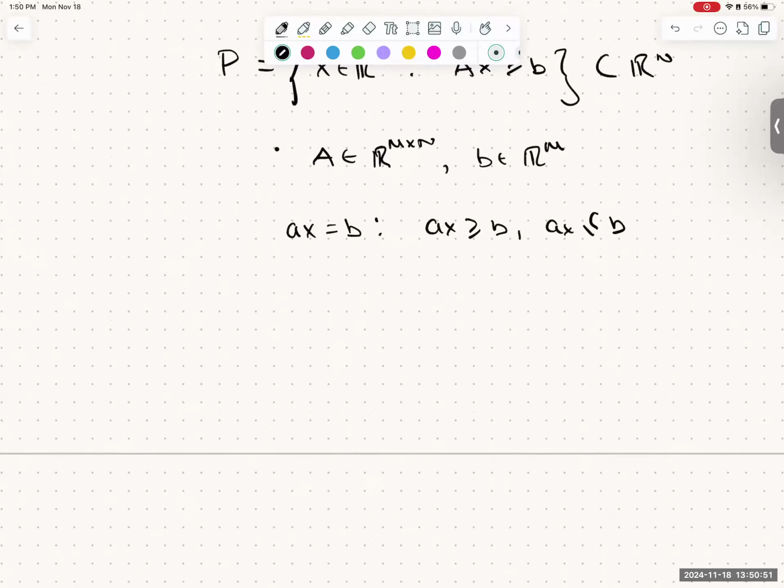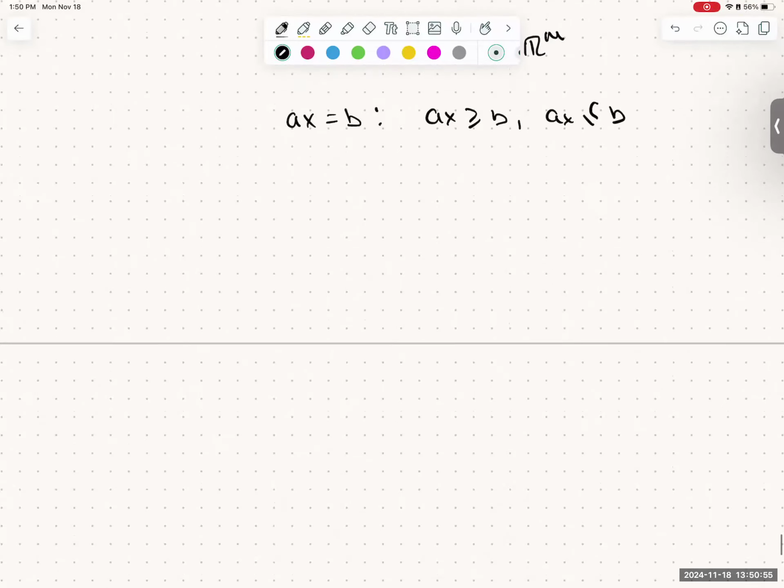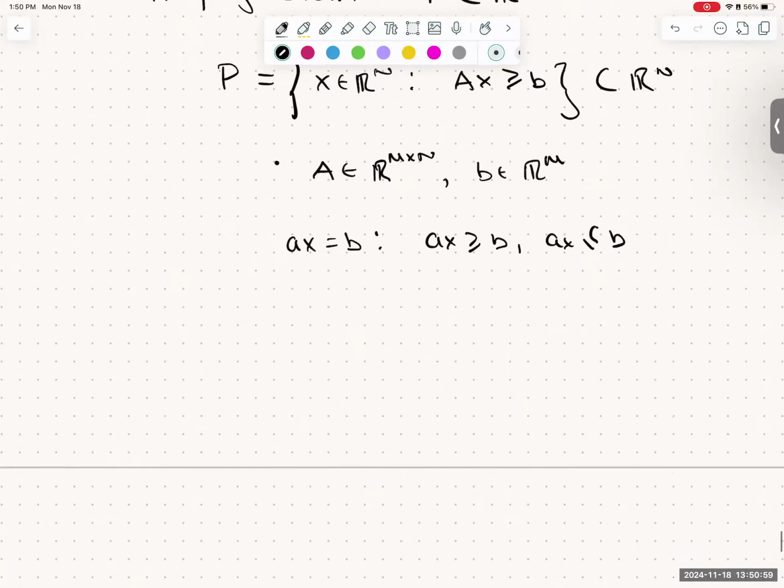It's maybe a little bit clunkier to do it that way, but it will make the presentation a little bit more streamlined. So when I say ax greater than or equal to b, this could also have these equalities defined in there too.